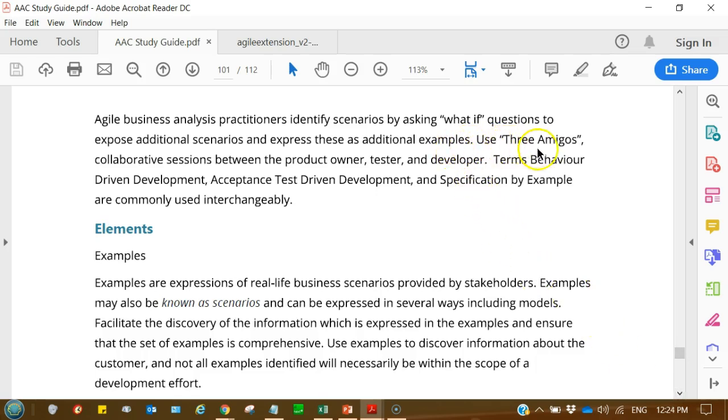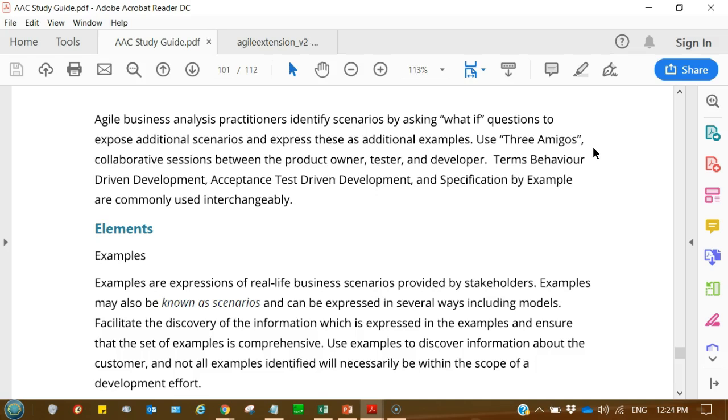This particularly here introduces the three amigos. The three amigos being a business user, a development person, a coder, and a tester, and the three of those people getting together to discuss exactly what's going to be done, as to how things are going to be put together.